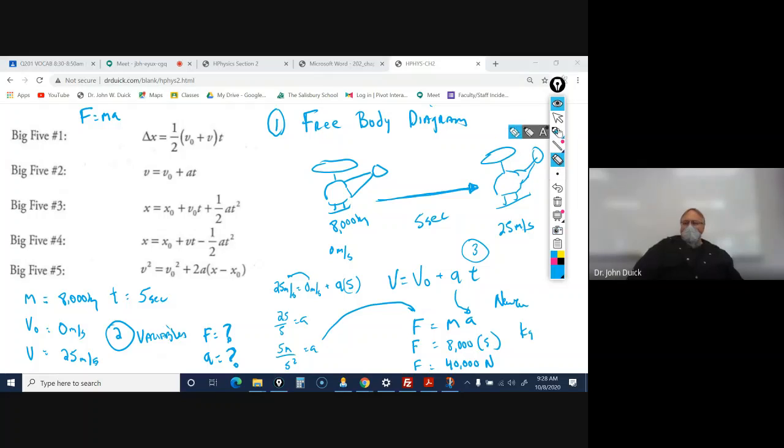I need more room to write this. Okay, it's kilograms. This is meters per second squared. This is a Newton. That's a force.